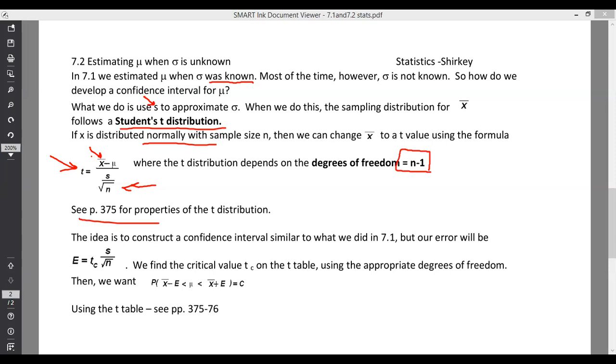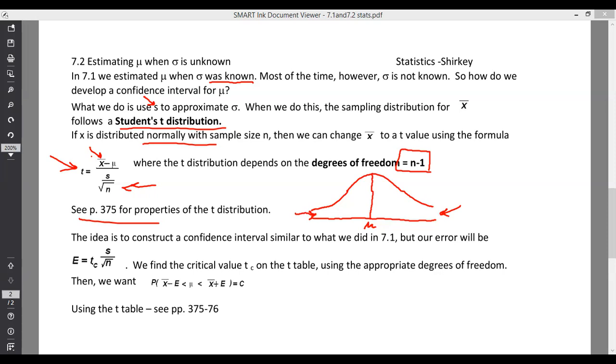I'm going to draw a real quick drawing of a t-distribution. A t-distribution looks very similar to a standard normal distribution. The high point is at the mean, except the tails of the t-distribution are, for lack of a better term, fatter than for a z-distribution. It slopes down slower towards that horizontal asymptote, if you will.